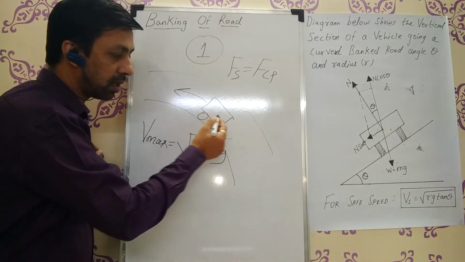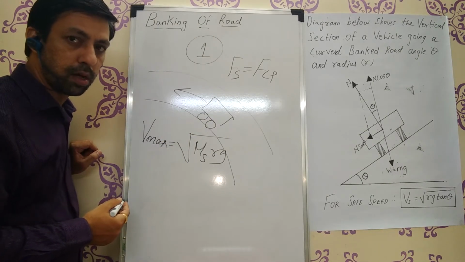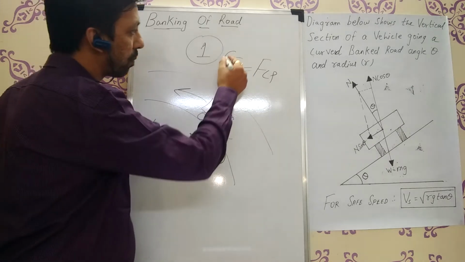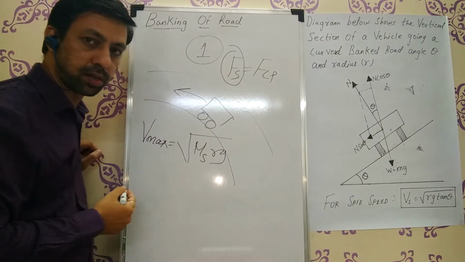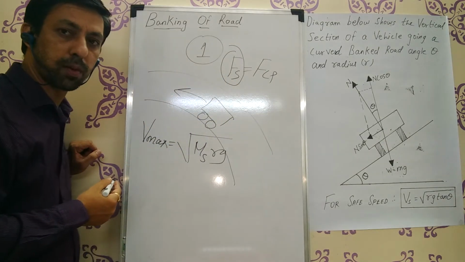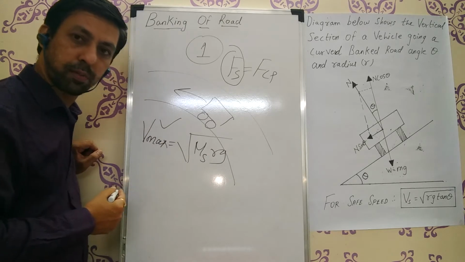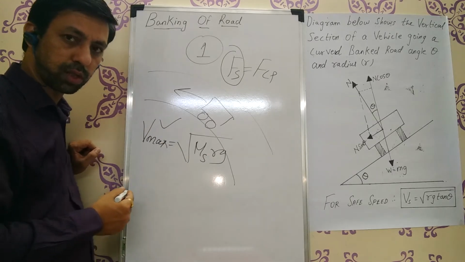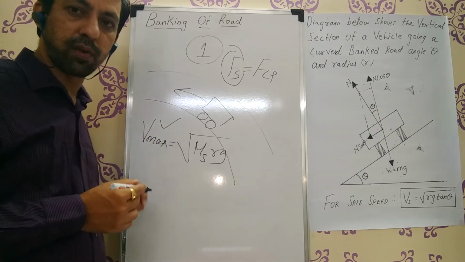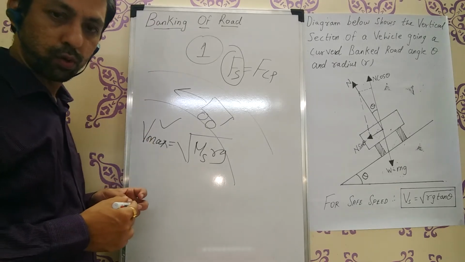So the disadvantage of this application of UCM is that it is totally dependent upon the force of friction. If the force of friction becomes more, then you are not going to achieve that much maximum velocity. So this was one of the major disadvantages of the first application of UCM.